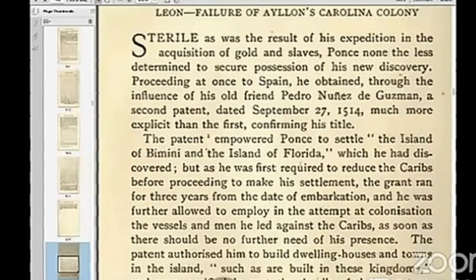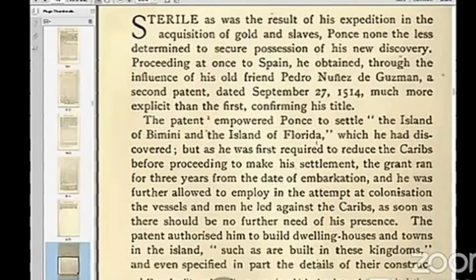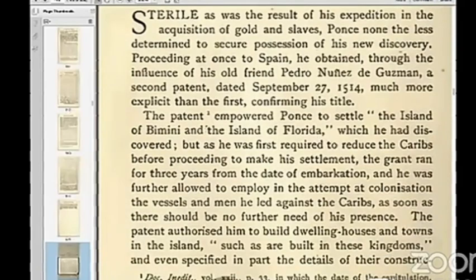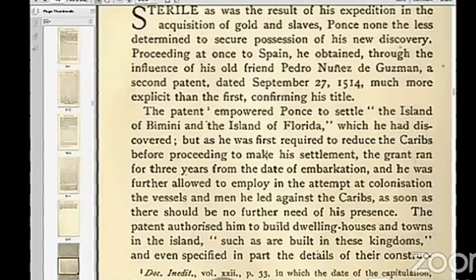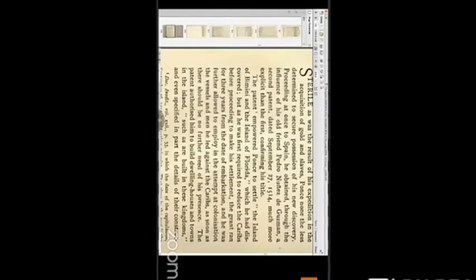The patent empowered Ponce to settle the island of Bimini and the island of Florida, an island, that's what they thought it was, I guess, which he had discovered, but that he was first required to reduce the Caribs. He needs to reduce the Caribs before proceeding to make his settlement. The grant ran for 3 years from the date of embarkation, and he was further allowed to employ in the attempt at colonization the vessels and men he led against the Caribs.